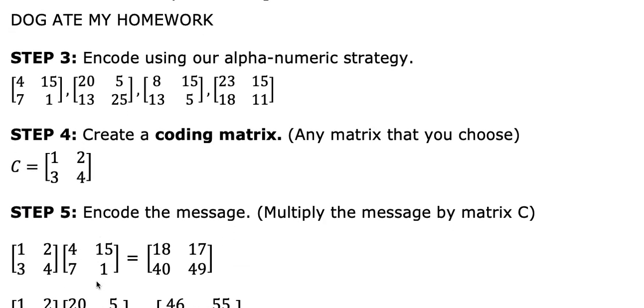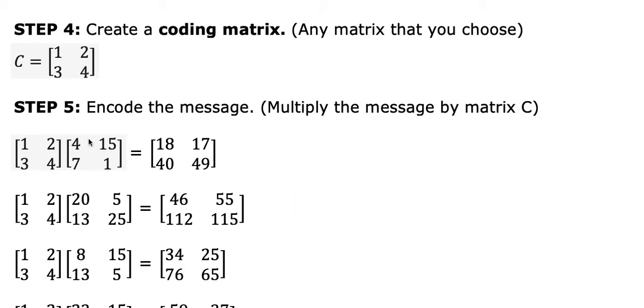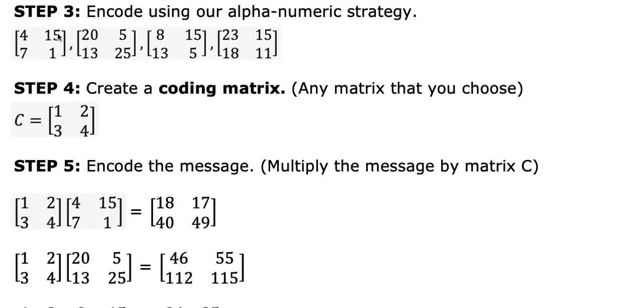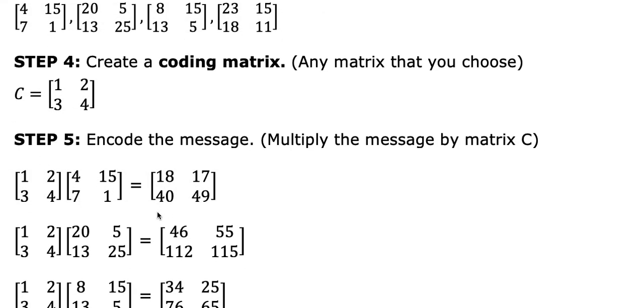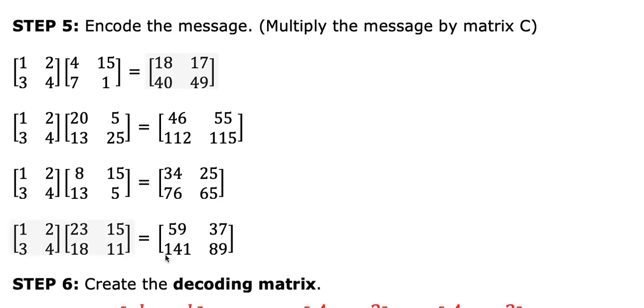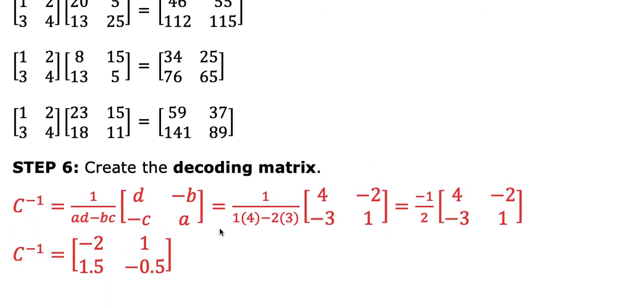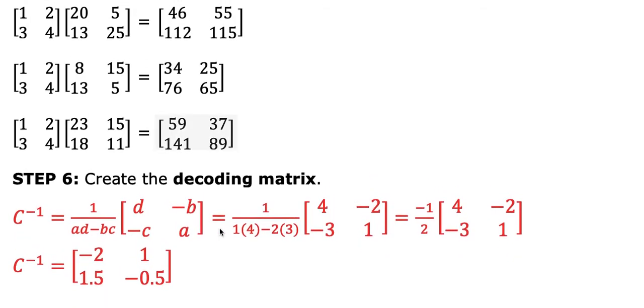And if you take that C matrix, multiply it by each of those steps in our encoding matrix. So this is [4, 15; 7, 1], as you see here, multiplied by C, and we get a different value here. This will be our message that we would send that would be nearly impossible to decipher if you were to send that to someone.